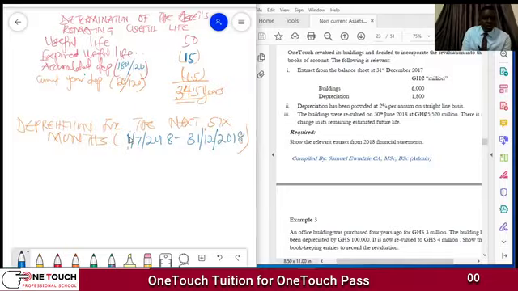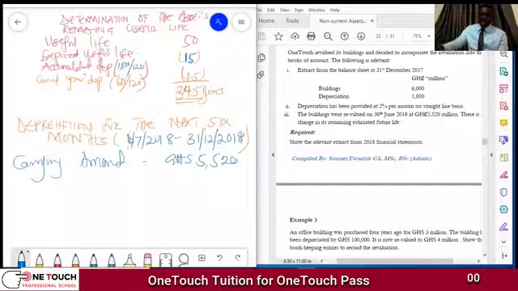Now, in that case, the carrying amount of the asset is now 5,520,000,000 Ghana cedis. That is, it was revalued as of 30th June to be 5,520,000,000.